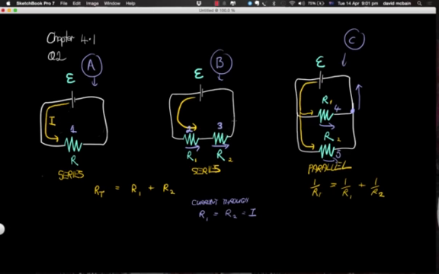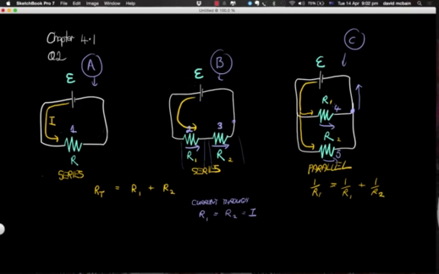So by the time it passes the second resistor, it will be at 0. So that means the voltage across R1 will be half of the voltage coming out of the battery, and the voltage across R2 will also be half. So if this was 12 volts coming out of the battery, then the potential difference across R1 would be 6 volts. The potential across R2 would also be 6 volts, adding up to a total of 12 volts, which is the voltage of the battery.